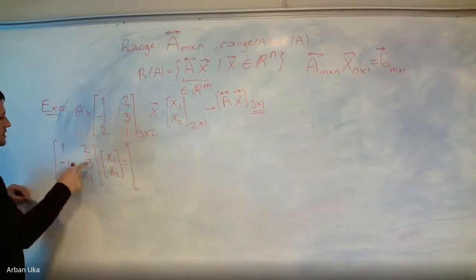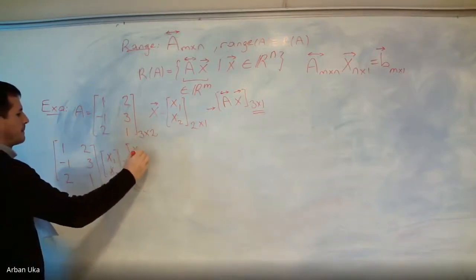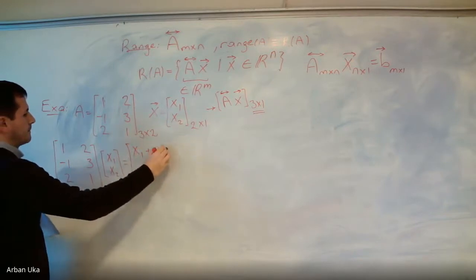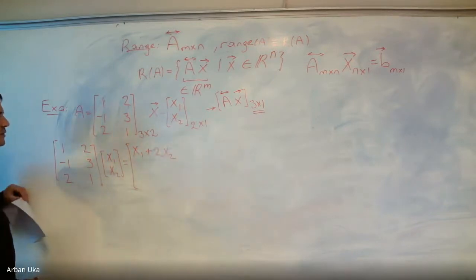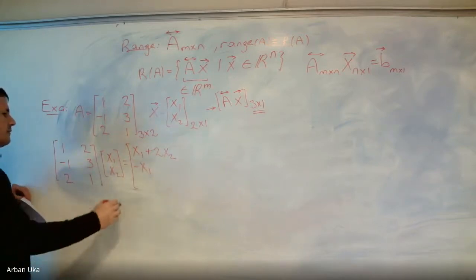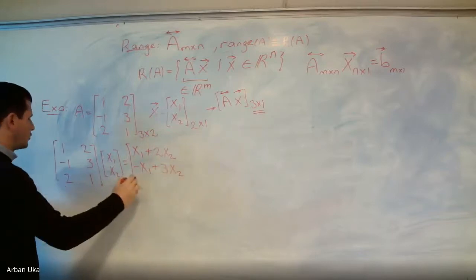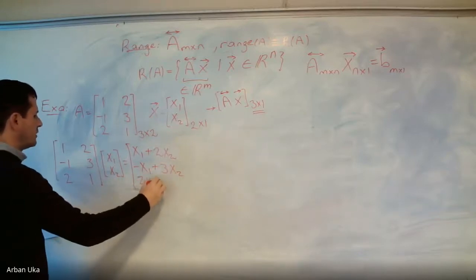Can you help me here? What is the answer here? Would you agree with this? x1 plus 2x2, minus x1 plus 3x2, and we have 2x1 plus x2.